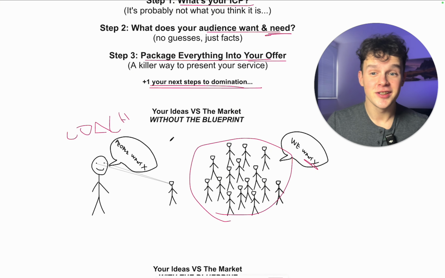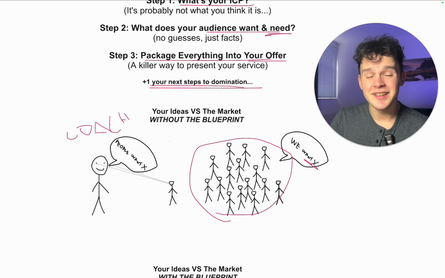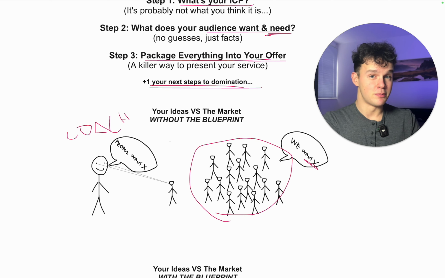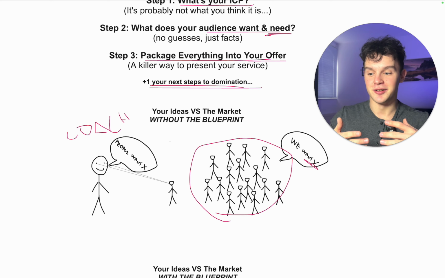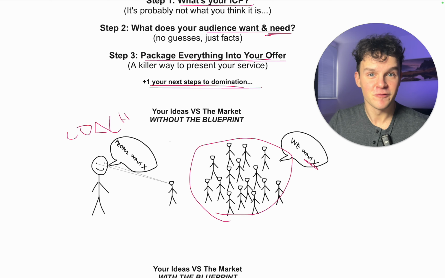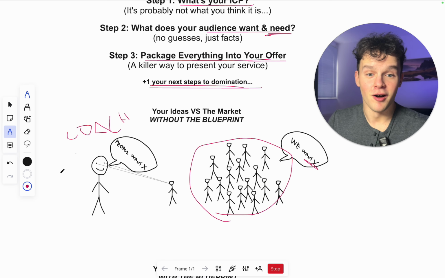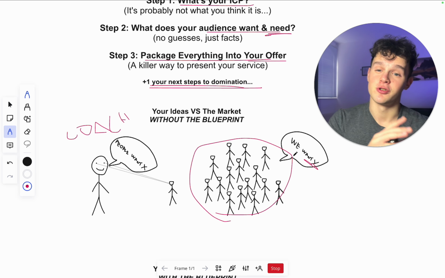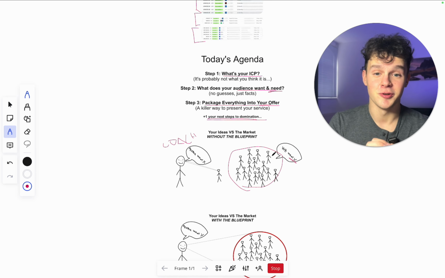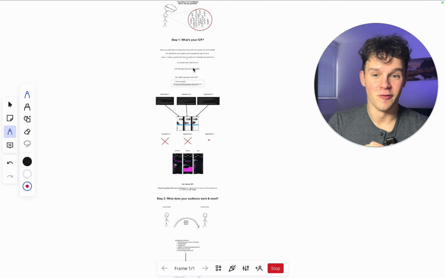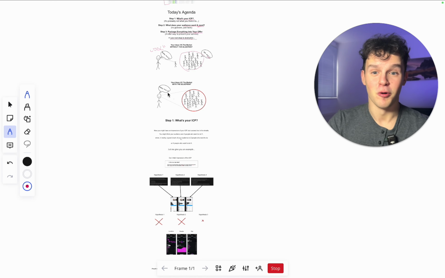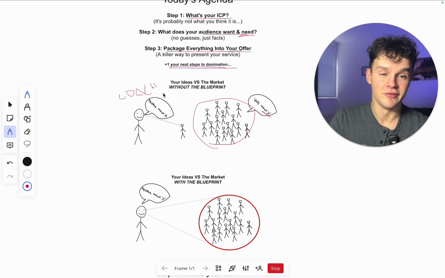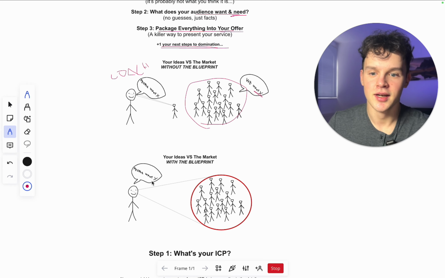And unfortunately, most of the people trying to launch a program single out one or two people and then draw conclusions from those types of people, although the majority of their audience wants something slightly or drastically different. I'll be showing you an exact case study over here, how that can go horribly wrong and how you can prevent it from happening.